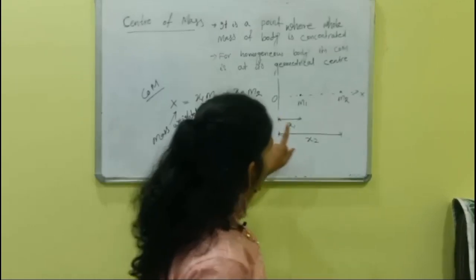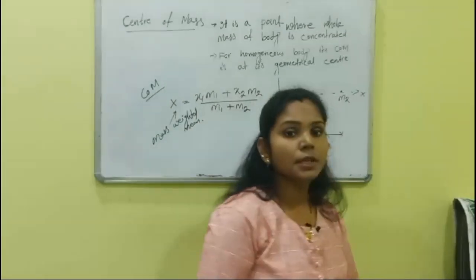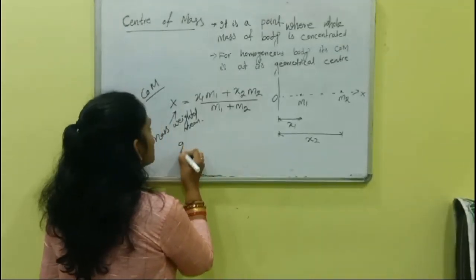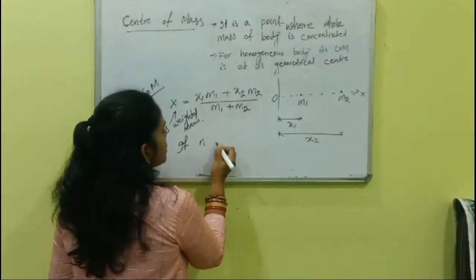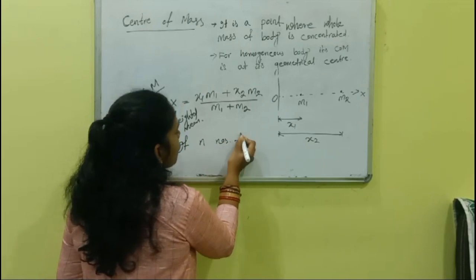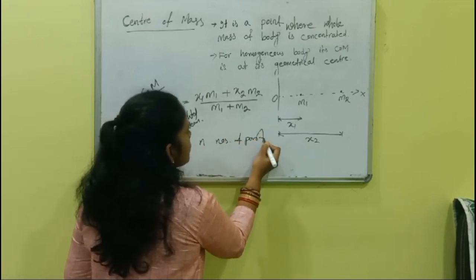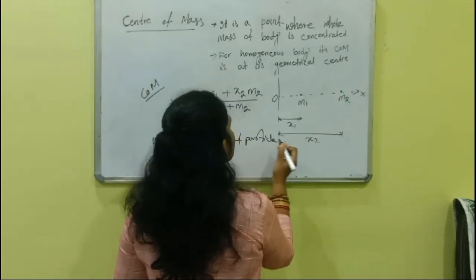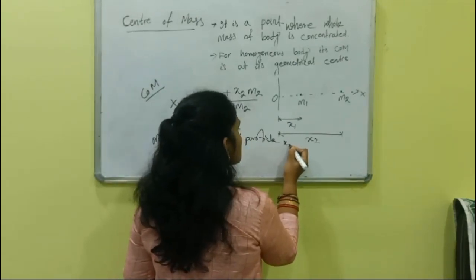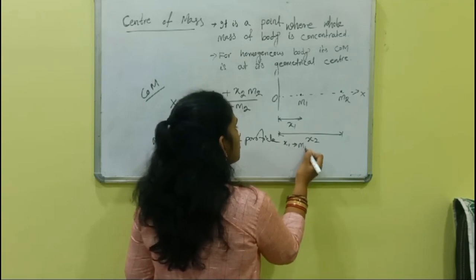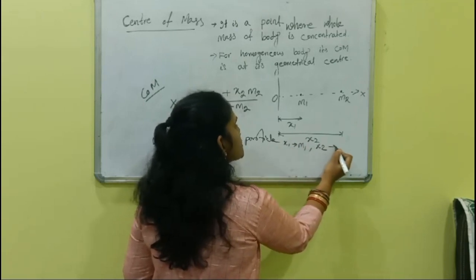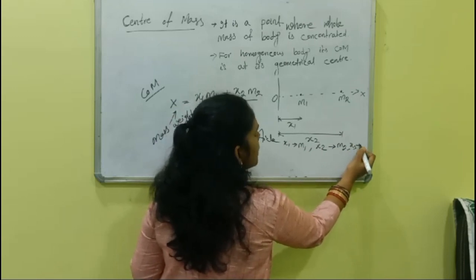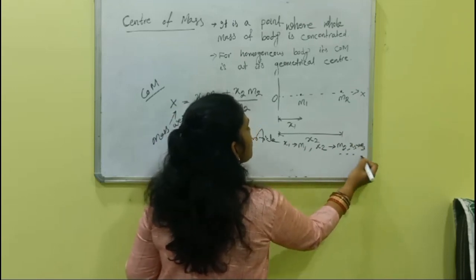If instead of two particles, n number of particles are there on the same x-axis, if we consider distance x1, m1 will be there, at distance x2, m2 will be there, at x3, m3 will be there, and so on.